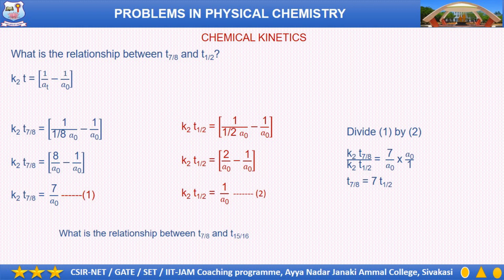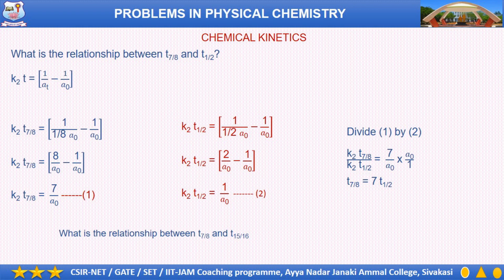Keep one in the numerator and the other in the denominator. You will get K2 T of 7 by 8 by K2 T of half is equal to 7 by A naught divided by 1 by A naught, equal to 7. This and this cancel. Therefore, T of 7 by 8 is equal to 7 T half.